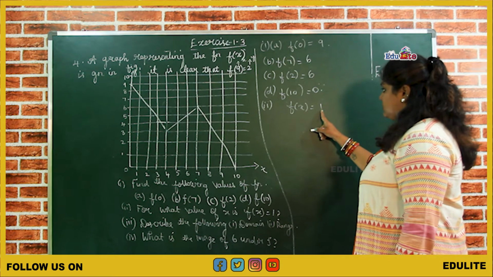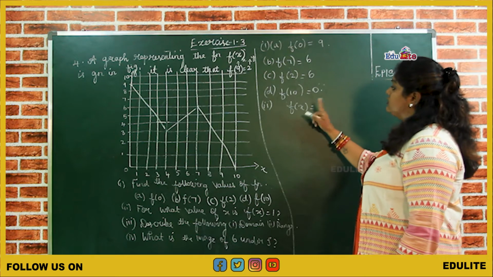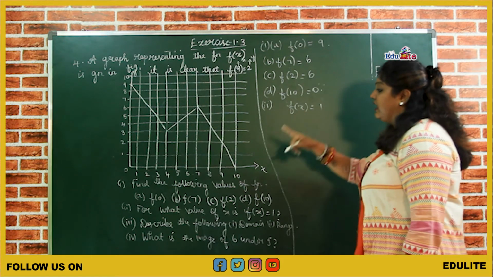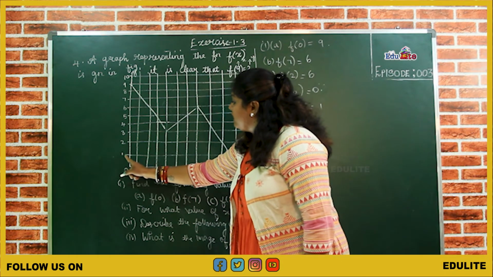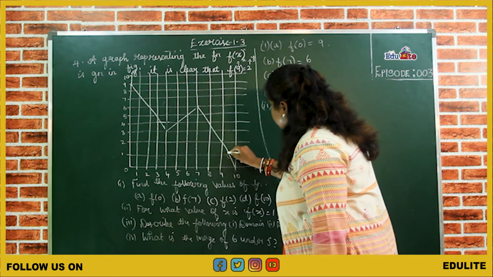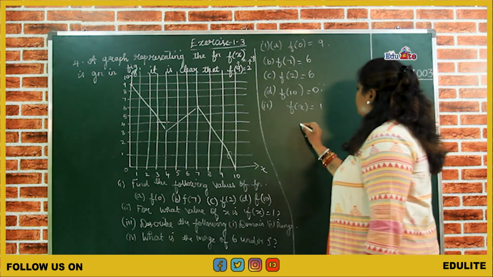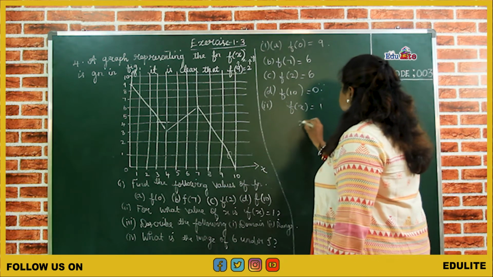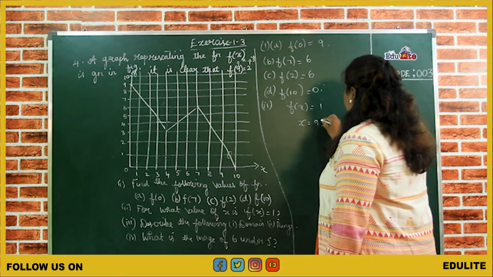So the y value is 1. When y value is 1, we have to find the value of x. Let us do it. When y value is 1, the value of x is 9.5 according to the graph. So x is equal to 9.5.